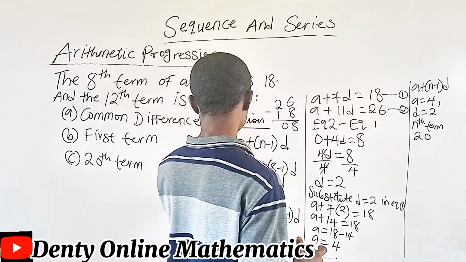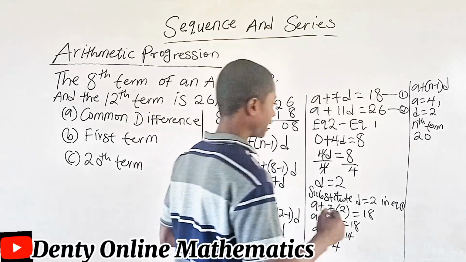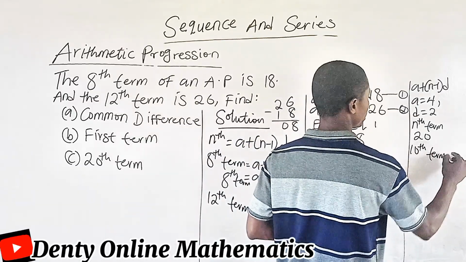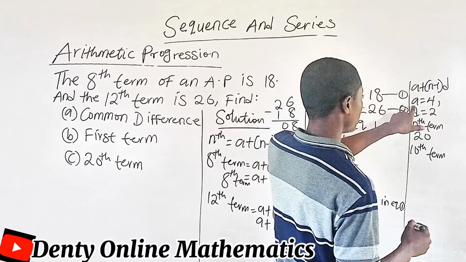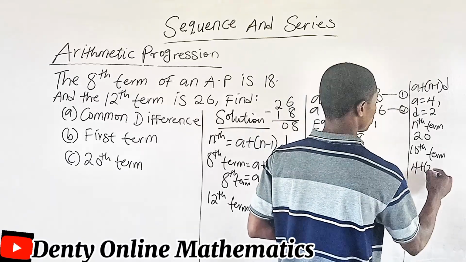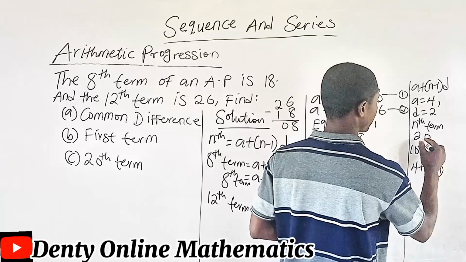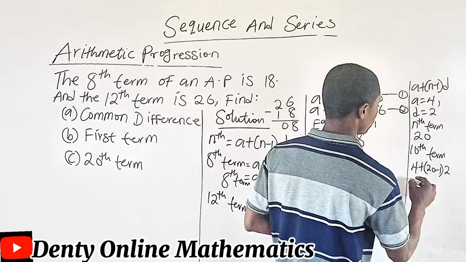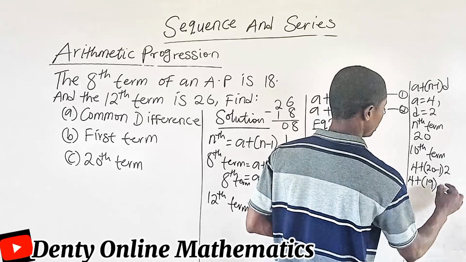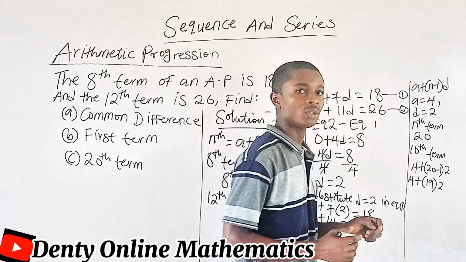So the nth term is the 20th term. So I can now say the 20th term will be equal to, what's our A? Our A is 4. So it will be 4 plus (20 minus 1) D. Our D is 2. This will give us 4 plus 20 minus 1 is 19, times 2.